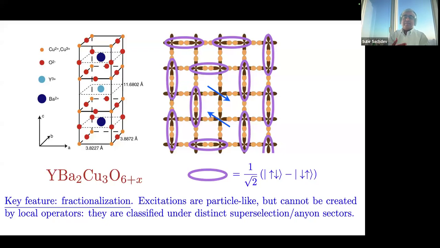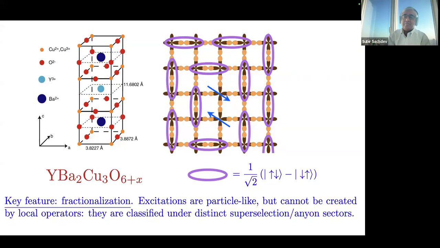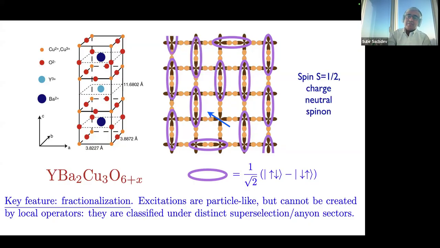So let's take the state and try to create an excitation. So the simplest thing you can do is take a singlet and you break it into a triplet of spin-halves. But that's not the elementary excitation of the state. You can imagine moving these spin-halves so that one of them runs off to infinity.